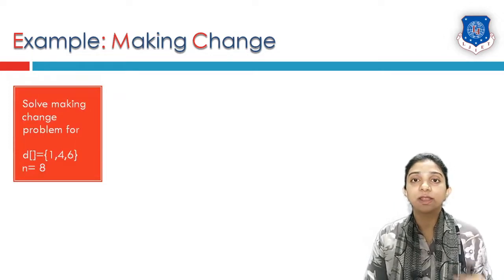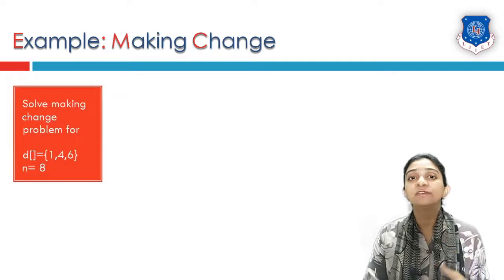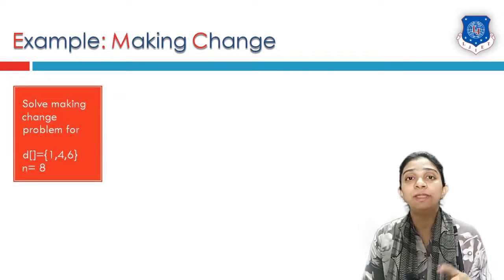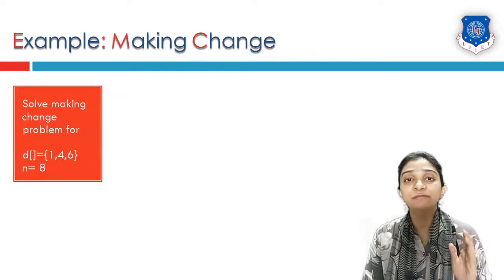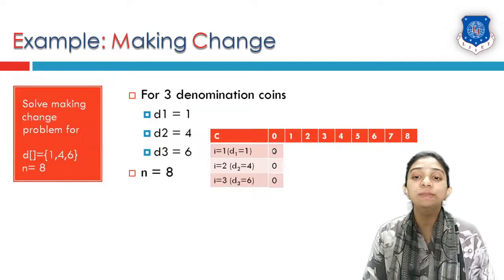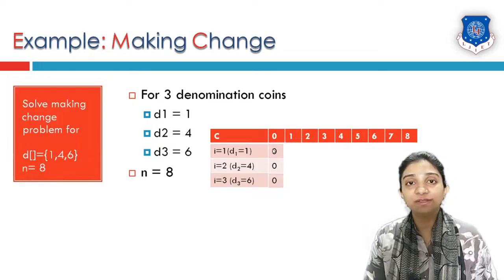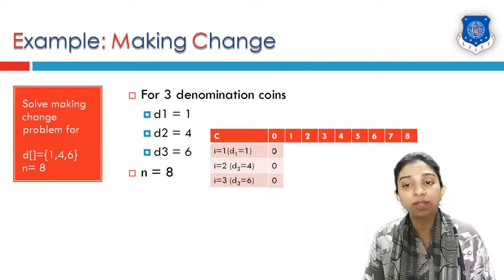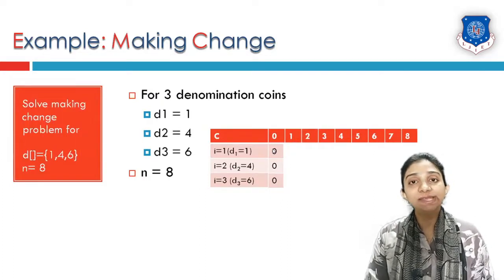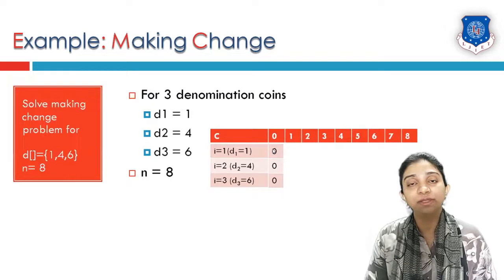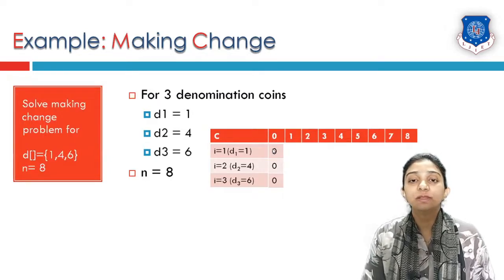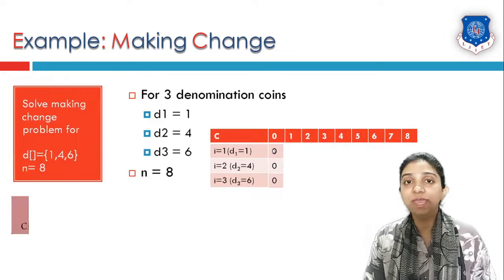There are only 3 denomination coins, so the table will have 3 rows, and the amount to be paid is 8, so the columns will be from 0 to 8, that means 9 columns in total. The last column will be 8.